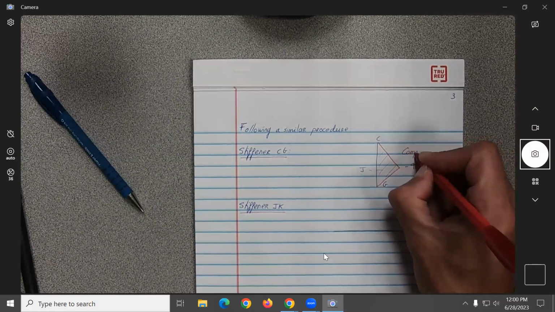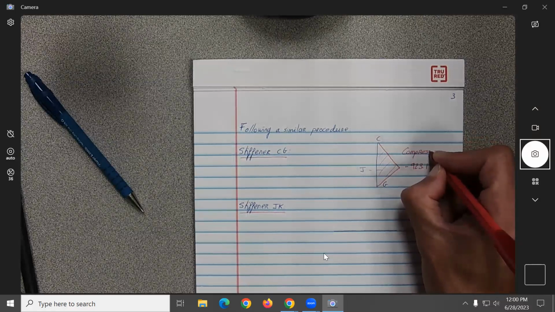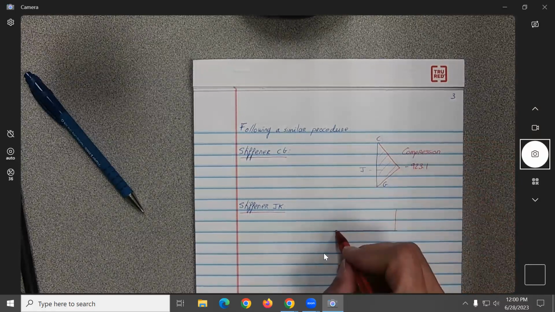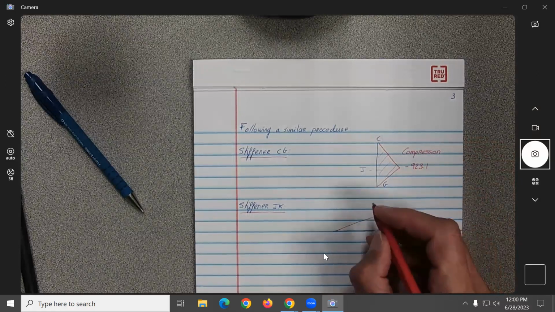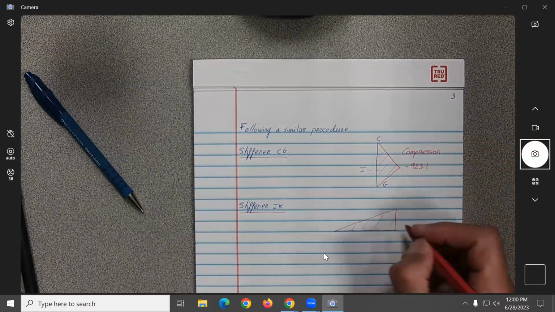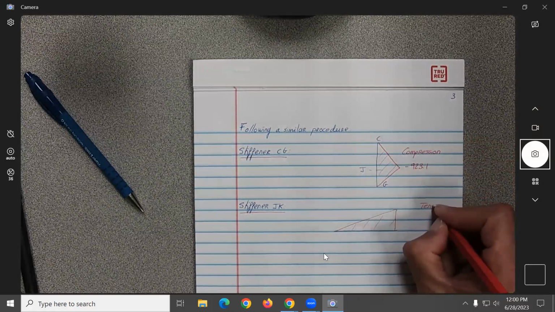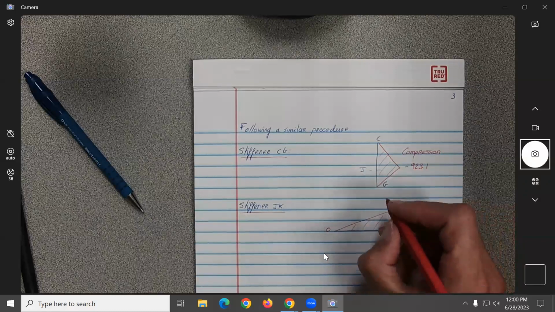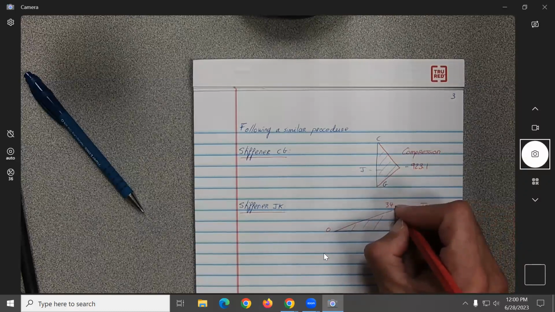Compression. And the last one, I guess this one will be tension. You go from 0 to 3,464.1.